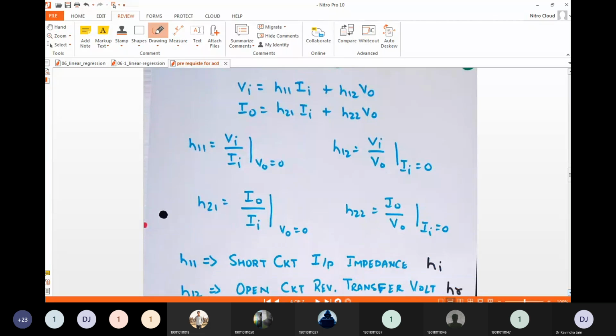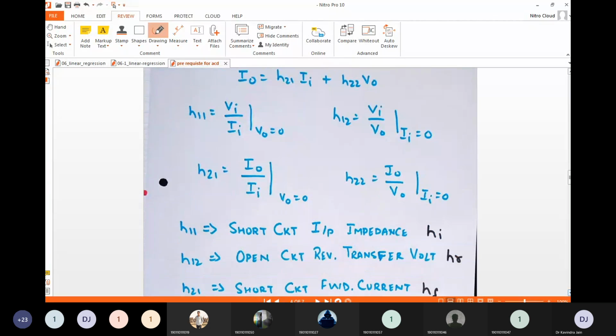The next one is H12. H12 is input voltage upon output voltage. Whenever we calculate voltage gain, we calculate output upon input, but here it is input upon output, so definitely it is a reverse. Hence, it is known as reverse transfer voltage.